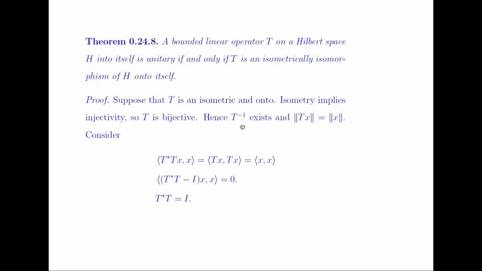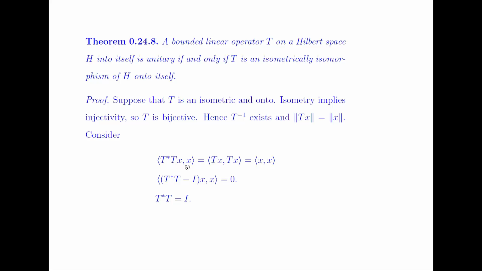Hence T inverse exists and the norm of Tx is equal to the norm of x. So consider the inner product of T star T x comma x, which is equal to the inner product of Tx comma Tx, which is equal to the inner product of x comma x because of the isometry we have.